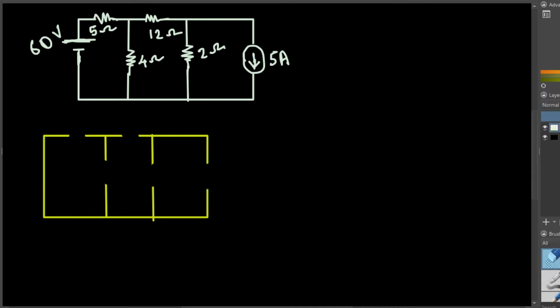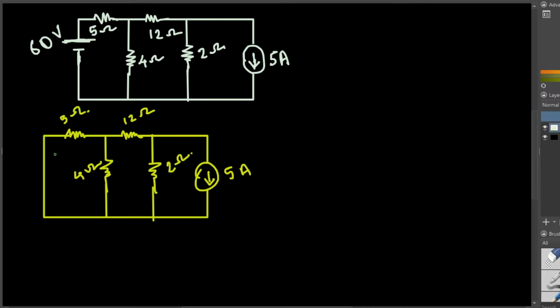This is a 5 ohm resistance, and then 12 ohm resistance, 4 ohm resistance, 2 ohm resistance, and then 5 ampere current. 12 ohm, and then this is 4 ohm, and this one is 5 ohm.